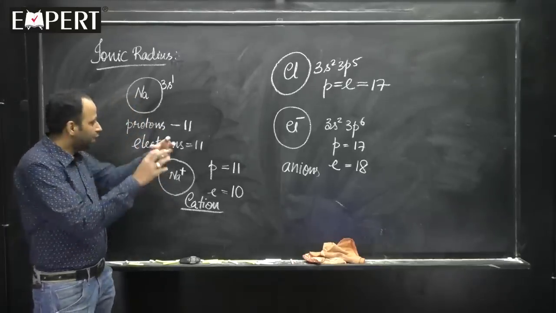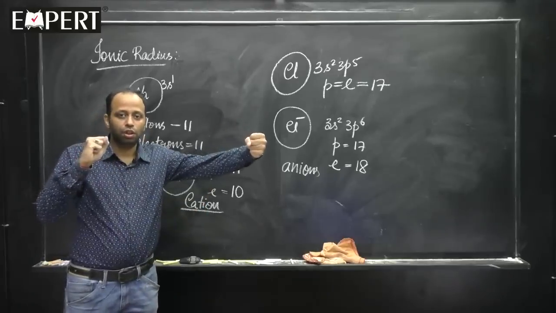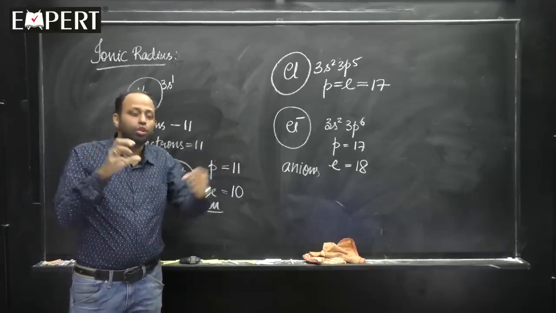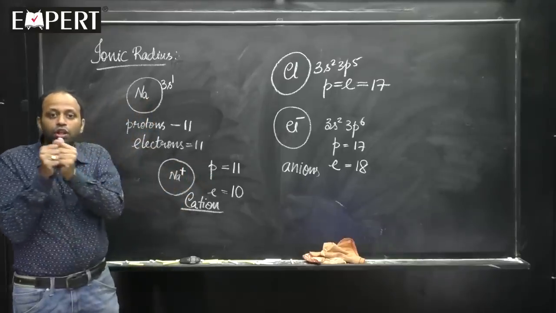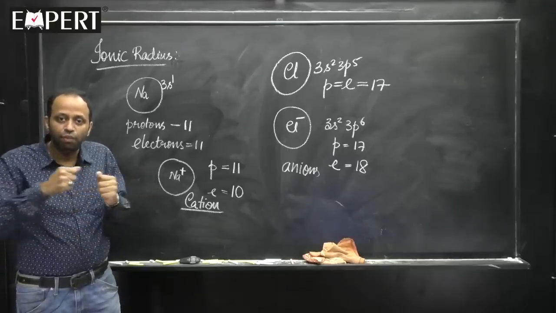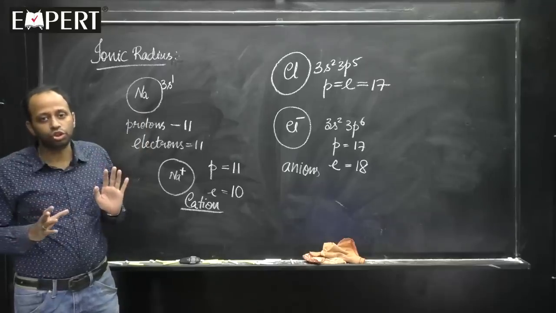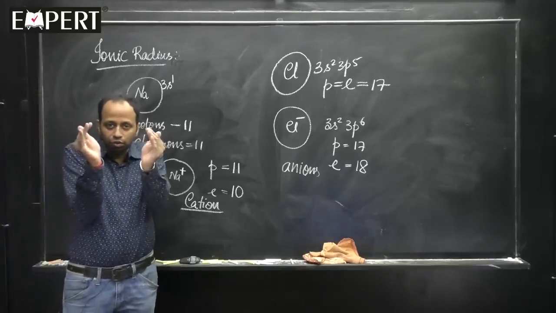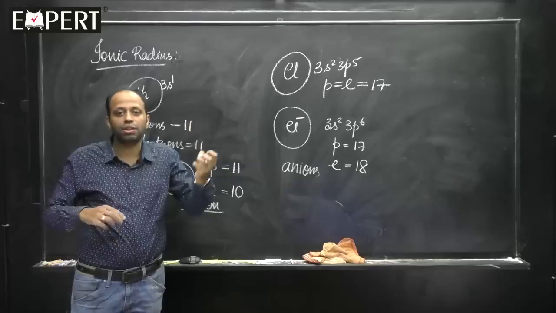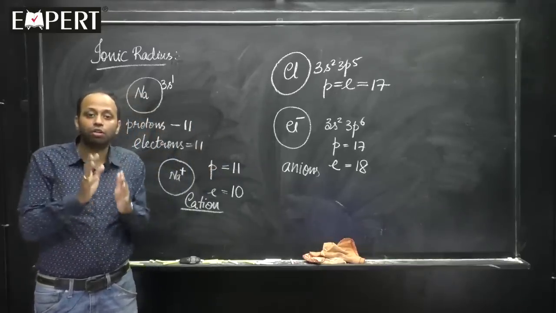Now, think about this, it is very interesting. Force of attraction: 11 protons, 11 electrons, but now electrons have become fewer, protons are more. So, what will happen? Protons will pull the electrons even more strongly, compared to before. So, the electrons will come closer. When you remove electrons, the number of protons remains the same, whereas the number of electrons decreases.